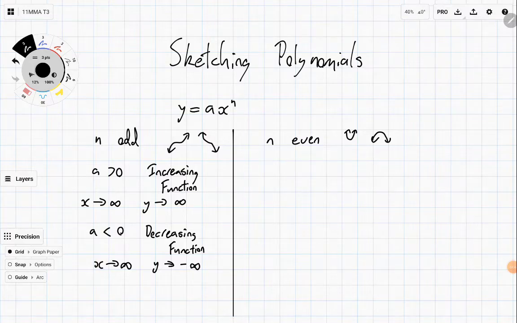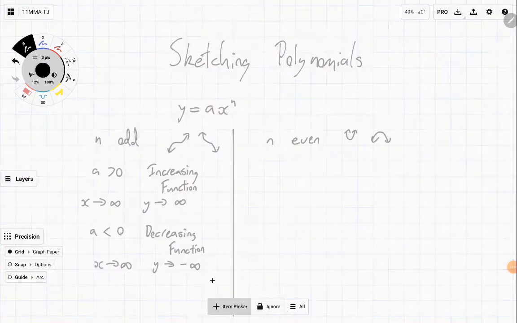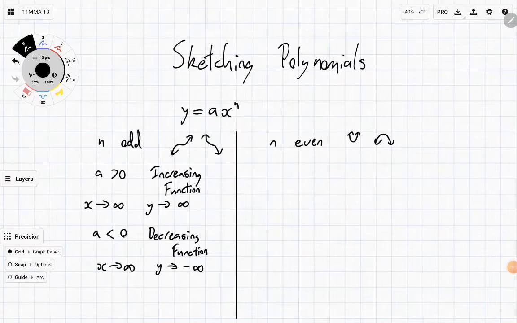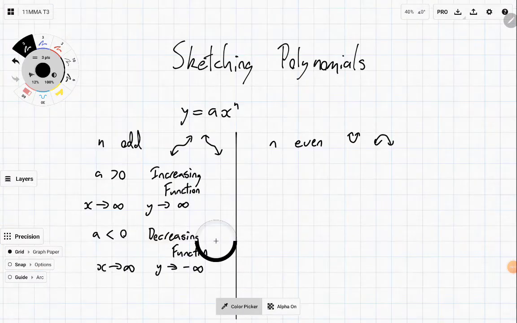Now, it's a little bit different for these other ones. However, I only spoke about as x goes to infinity. So let's also talk about what happens when x goes to negative infinity, because it's different for these two functions.